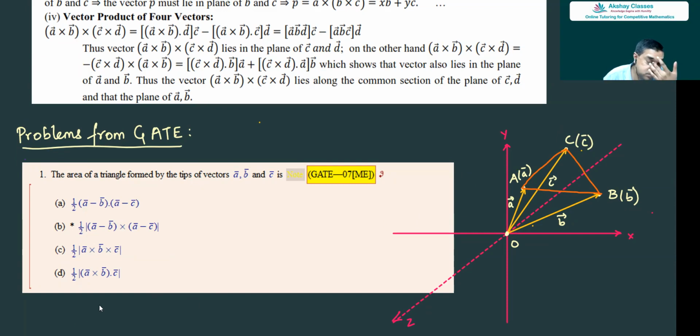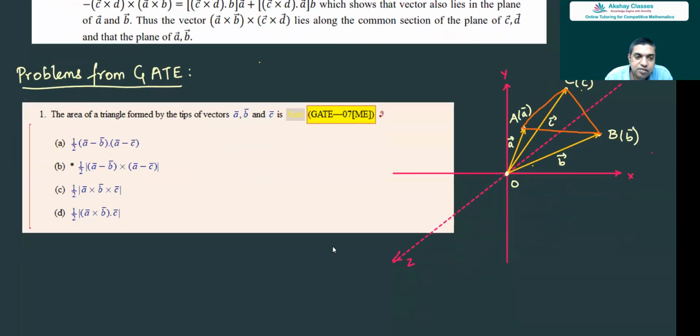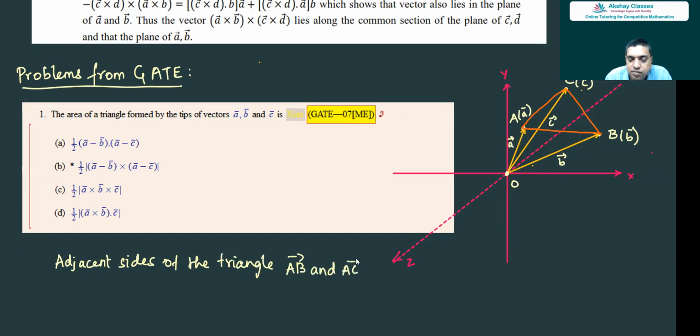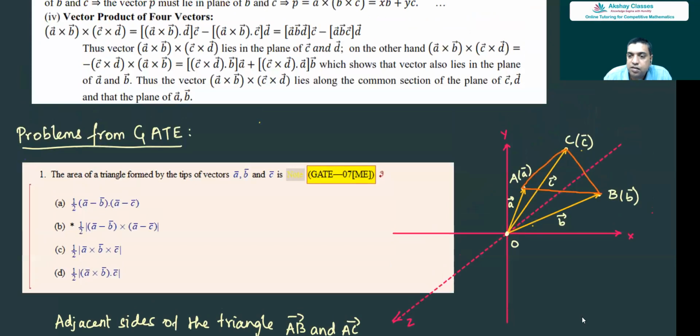Now, adjacent sides of the triangle, any two sides of the triangle. Let us take AB bar and AC bar. Okay.